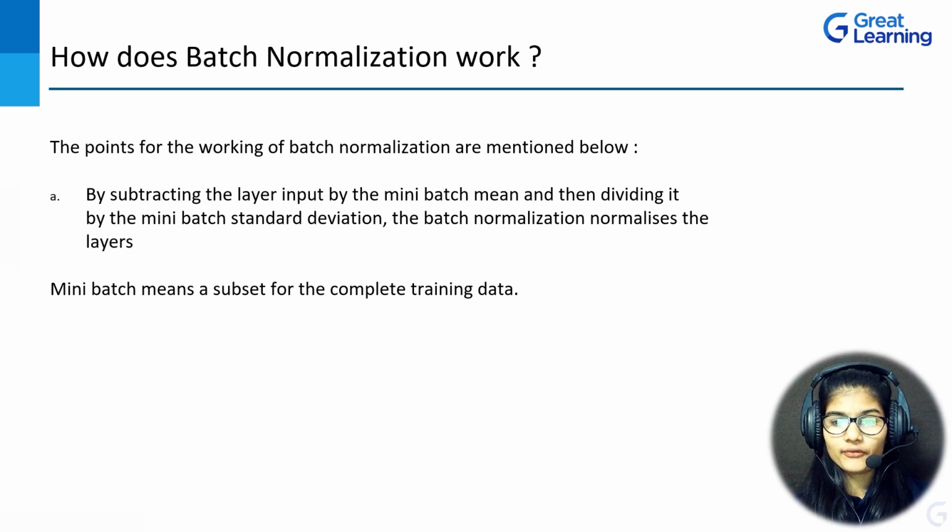Moving forward, how do we calculate the working of batch normalization? We simply subtract the mini batch mean from the layer input. Whatever the subset of the complete training data is, we find the mean for that.